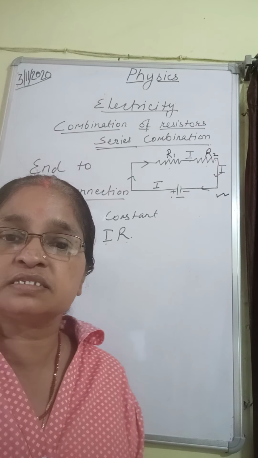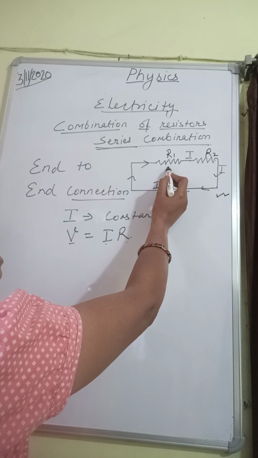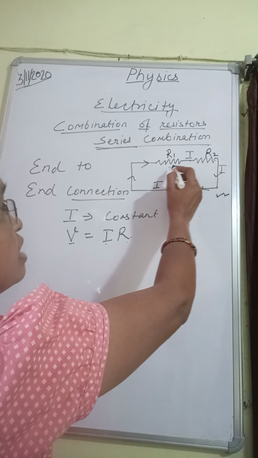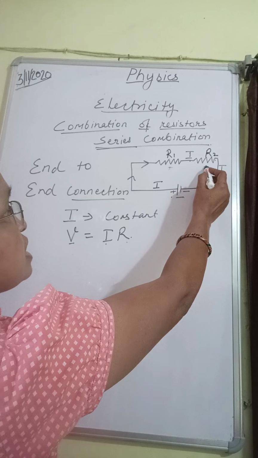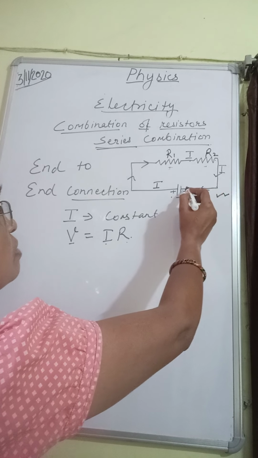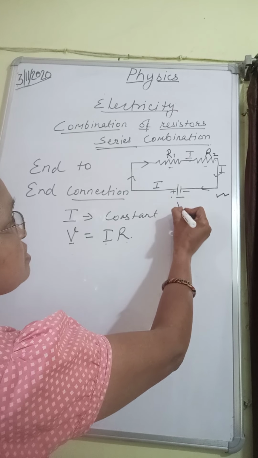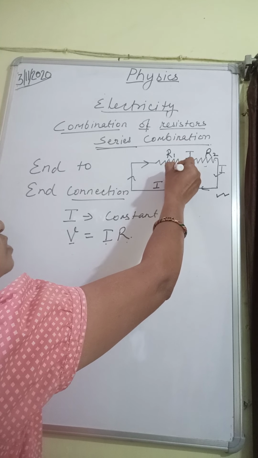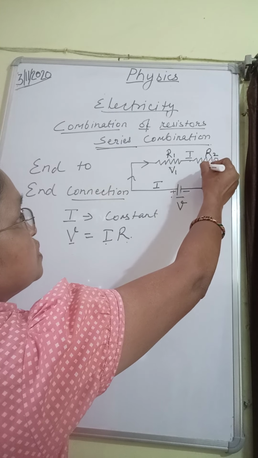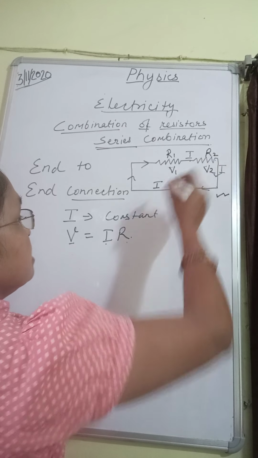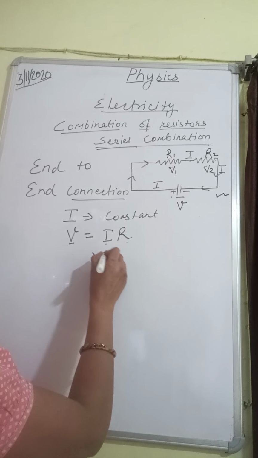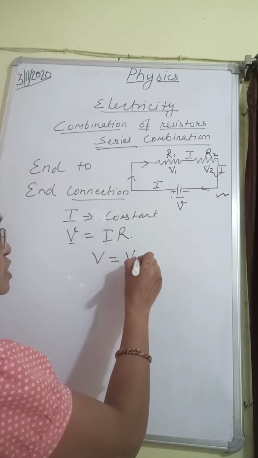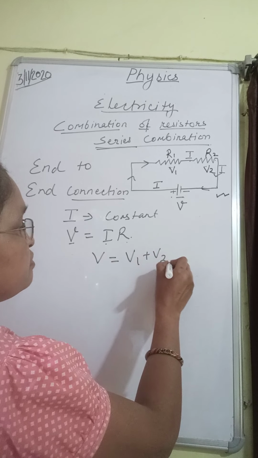Whatever potential difference R1 will consume or R2 will consume, when it comes together it gives V. So if for R1 it is V1, for R2 it is V2, then we can write V is equal to the combination of V1 and V2.